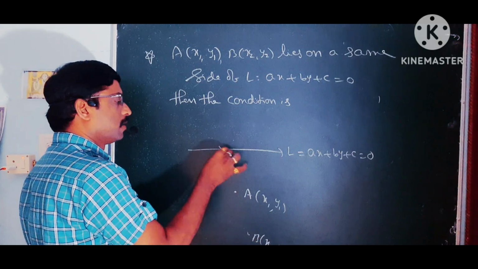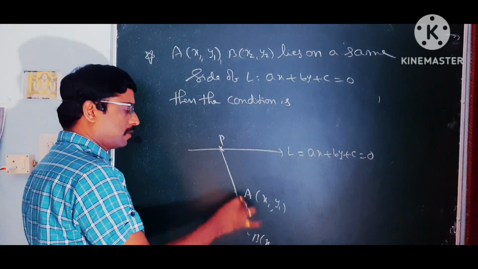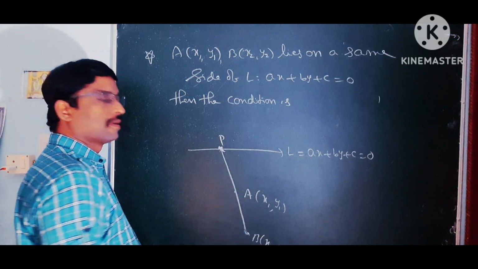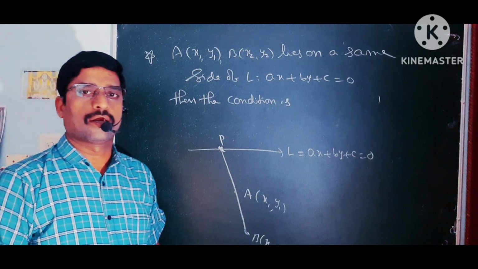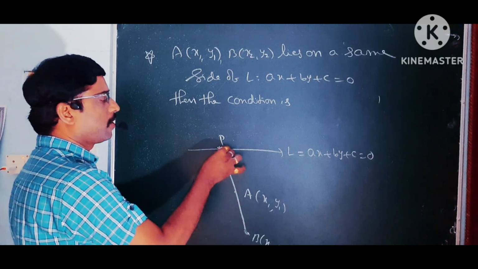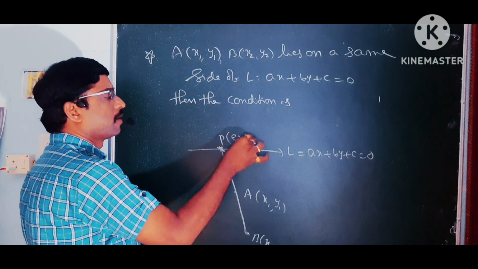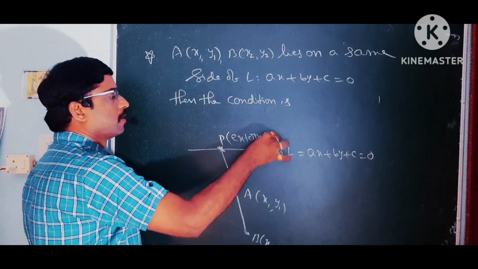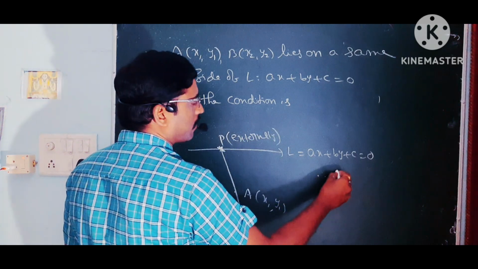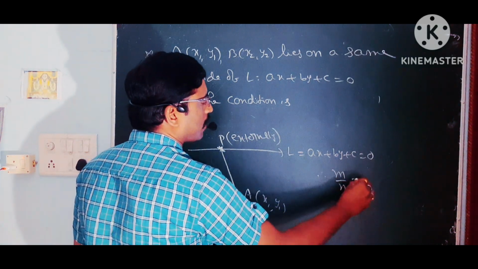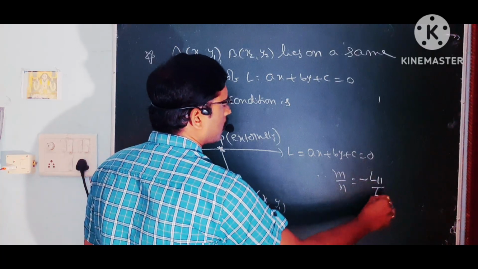Now here P divides the line segment AB in the ratio m is to n externally. So what is the ratio dividing formula? m by n is equal to minus L11 by L22.